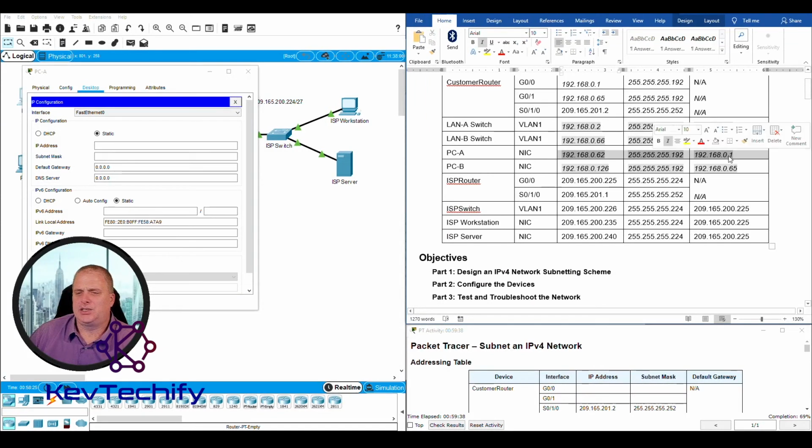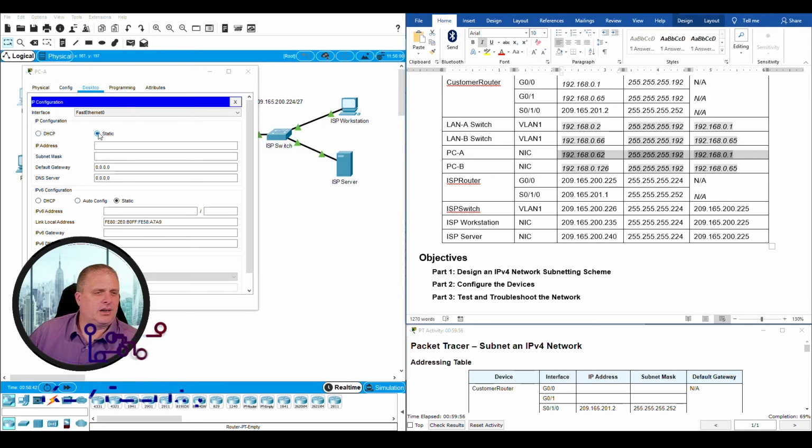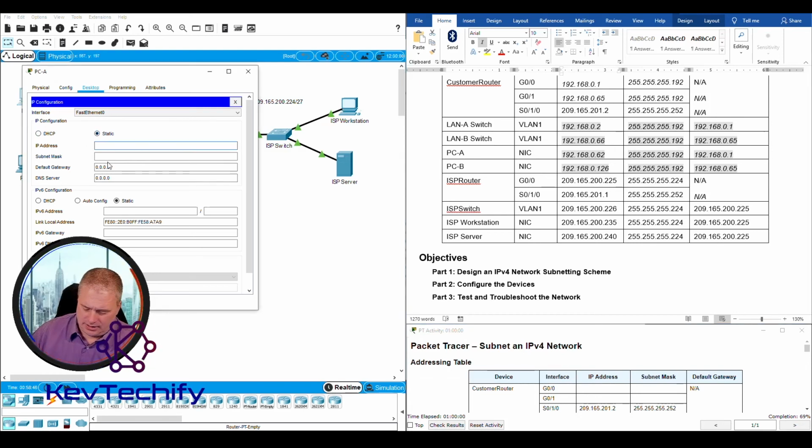PC A information is right here, 192.168.0.62 for the IP address. 255.255.255.192 is the subnet mask, and the default gateway is 192.168.0.1. IP configuration right here is static. I make sure it's on static, enter in my IP address 192.168.0.62.